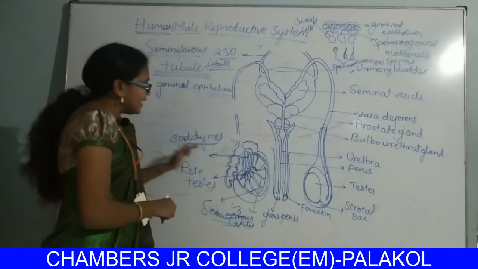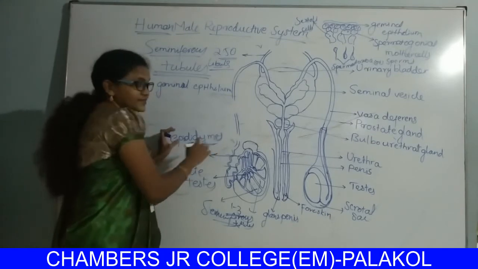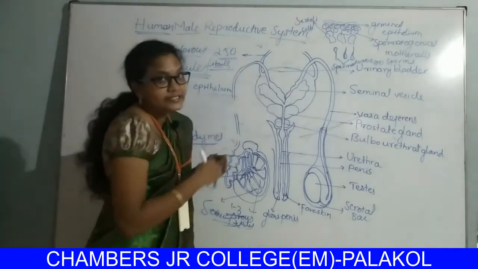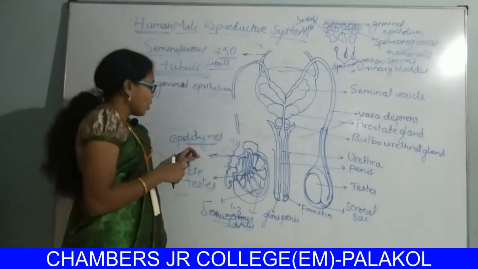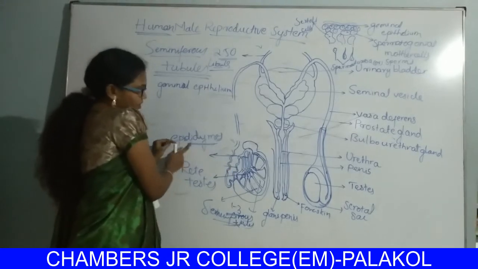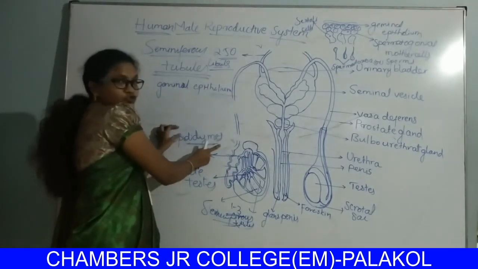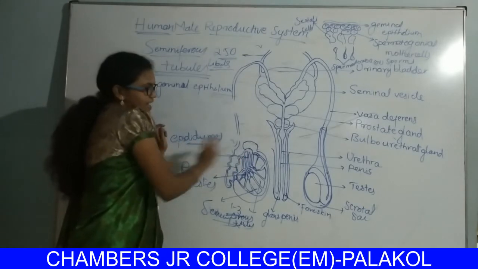So this epididymis is a highly coiled narrow tube. Seminiferous tubules open into a highly coiled narrow tube called the epididymis.